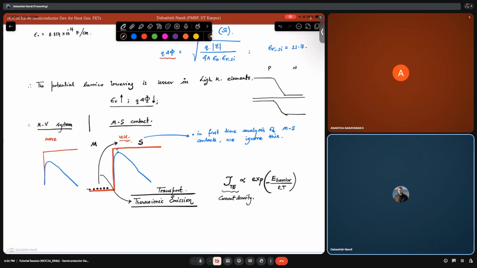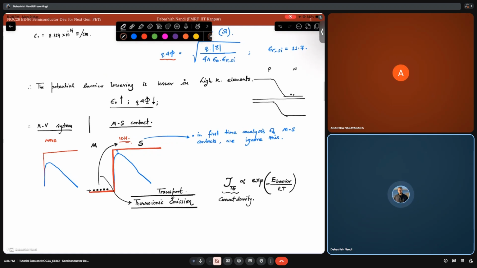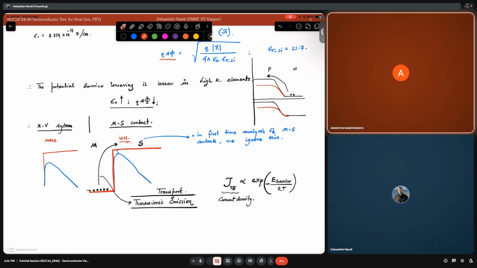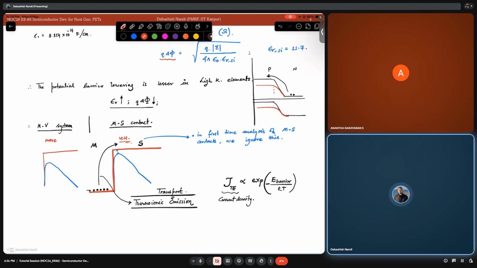For carriers going from this to this in forward bias, what happens? They cross over the barrier, again thermionic emission, or we call it diffusion in different contexts. Now what happens when you apply forward bias? This barrier lowers, right? In forward bias, this barrier is lowered.